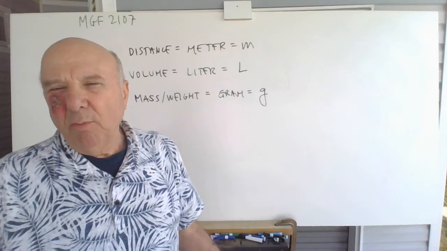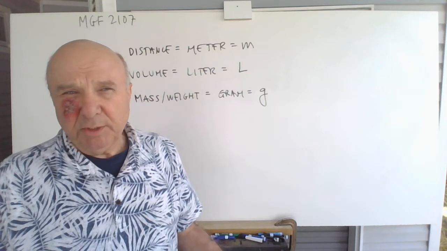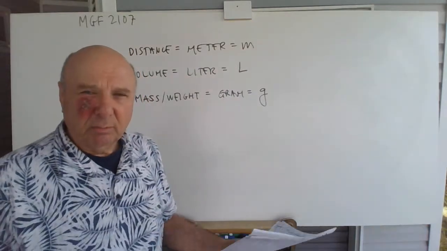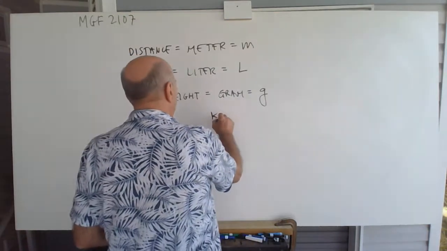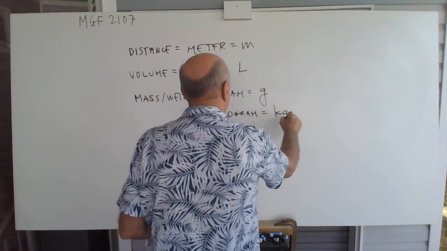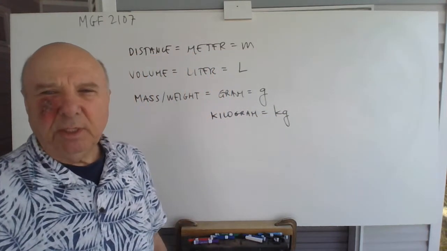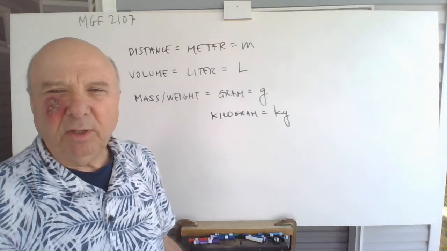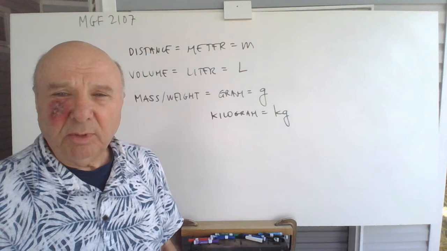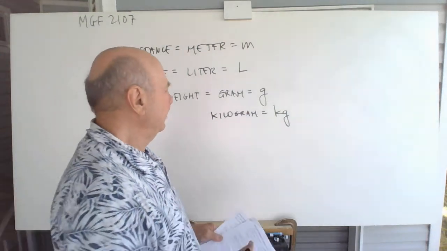anything small. When we use industrial type measurements, we use kilograms, which is our first prefix. kg. So the K is for kilo, the G is for gram. It means 1,000 grams, because kilo means 10 to the third.